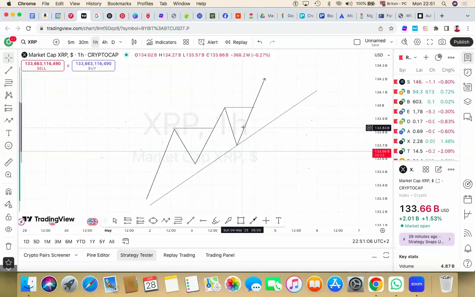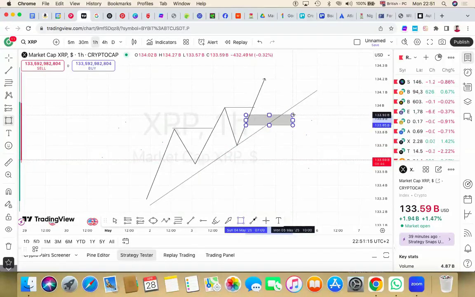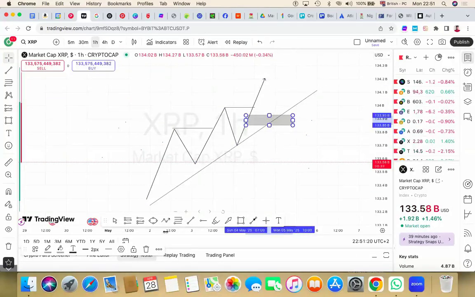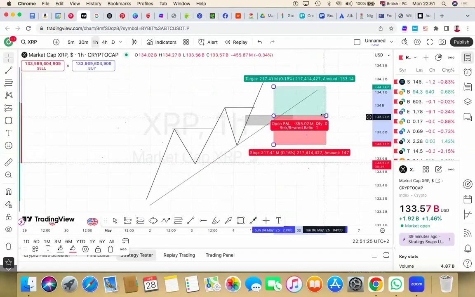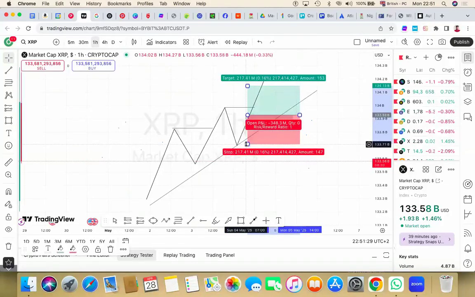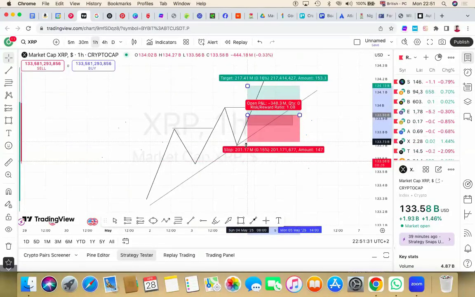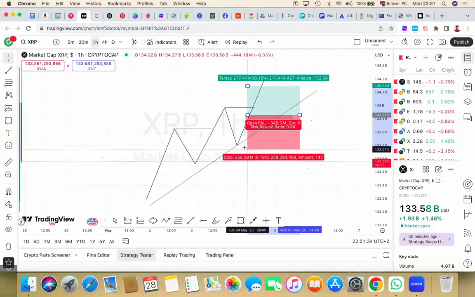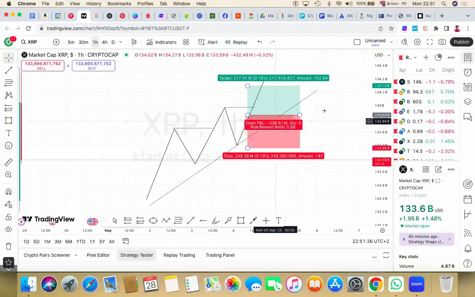So now, for example, let's say your zone was around here, you saw the gap here, right? The next thing you do is draw this, and then you know that the market is going to pull back to this area. So the next thing you do is place your entry zone here, and then you wait for the market to just come do its thing, and then you target. You put this slightly below. Let me just delete this.